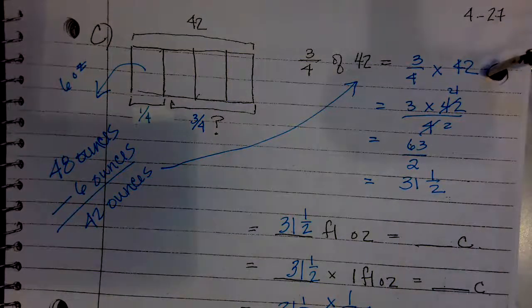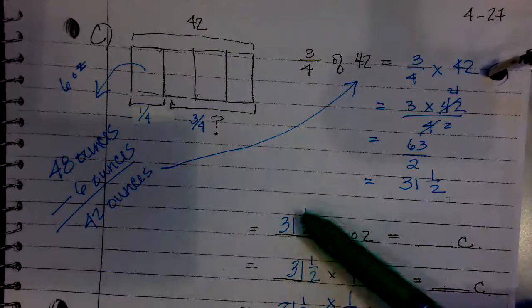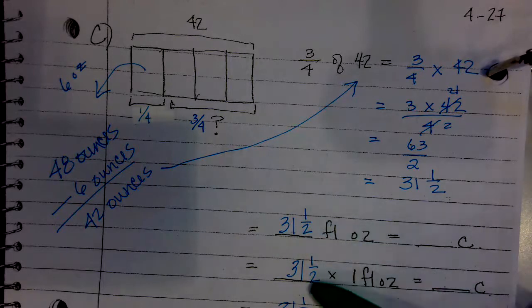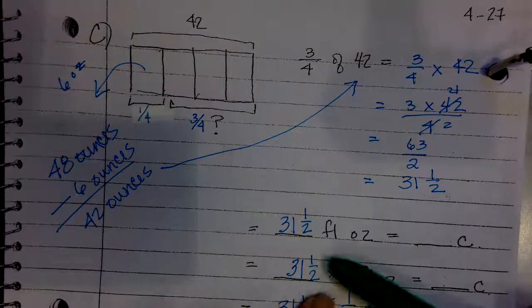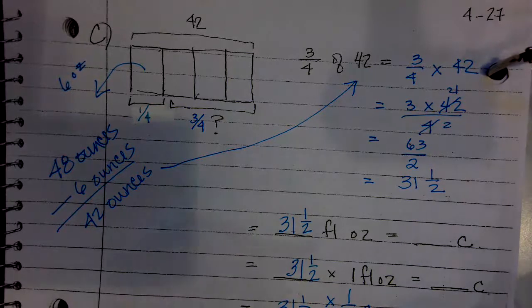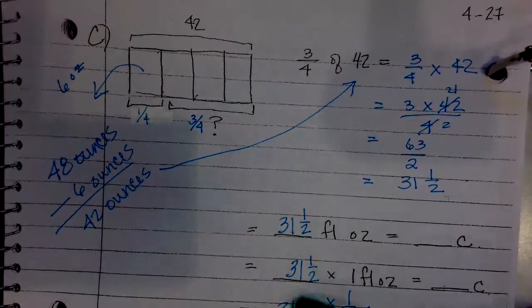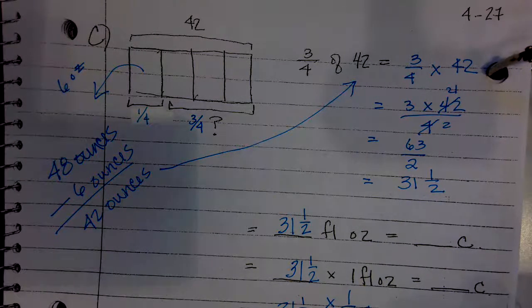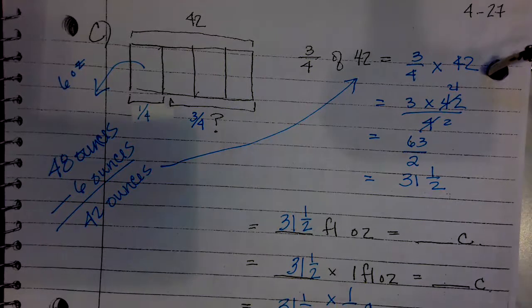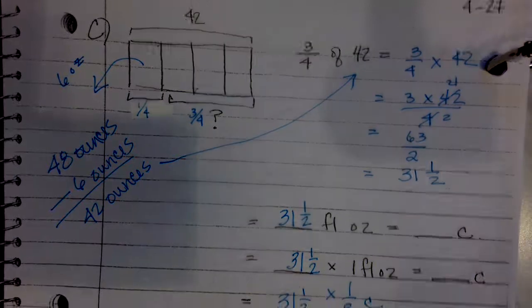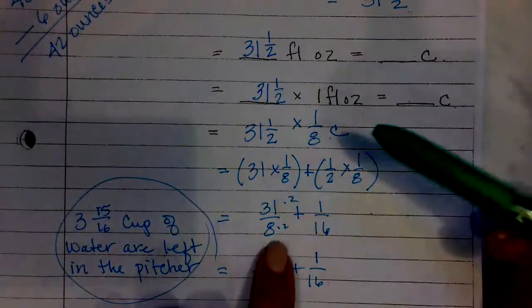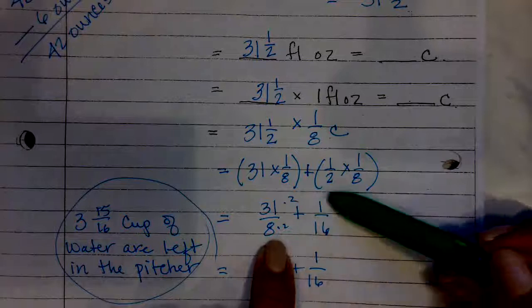So now I'm converting over to cups. So 31.5 fluid ounces, I decompose the problem, pull it apart, and this is where my conversion happens. So 1/8 of a cup. 31.5 times 1/8 of a cup, and now I'm going to pull this apart. 31 times 1/8 plus 1/2 times 1/8 becomes 31 over 8 plus 1/16.